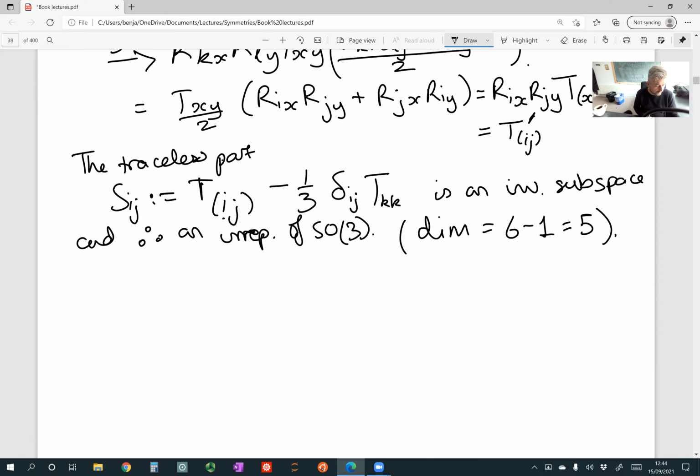So we can now provide a full decomposition of our tensor.